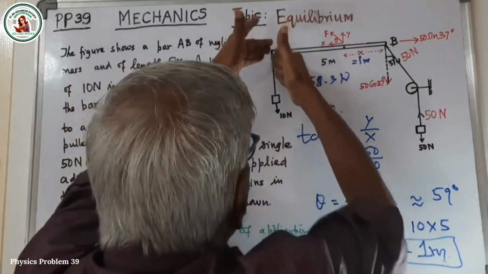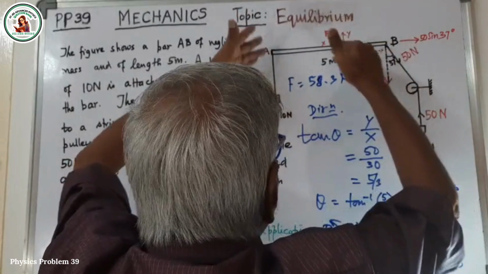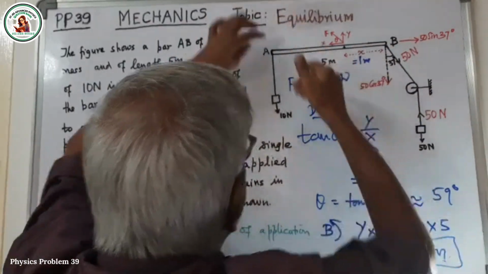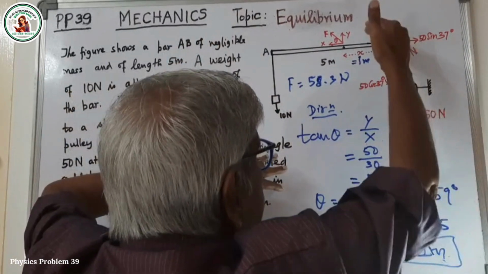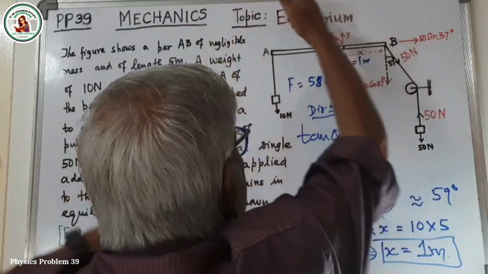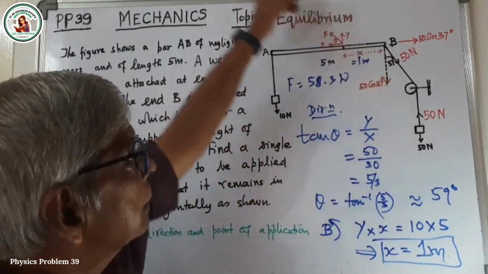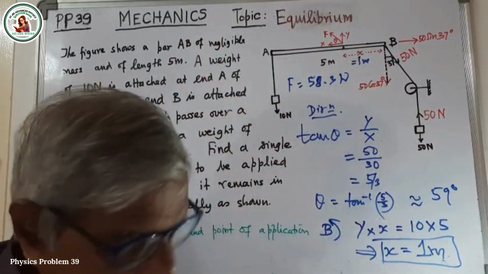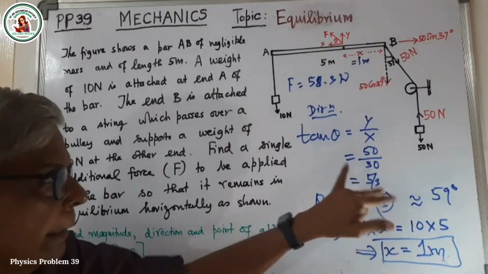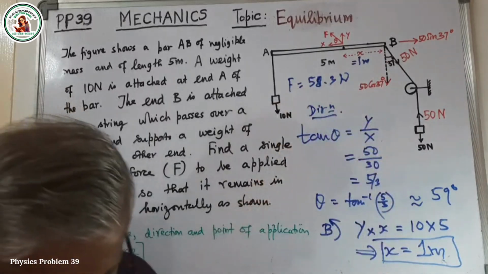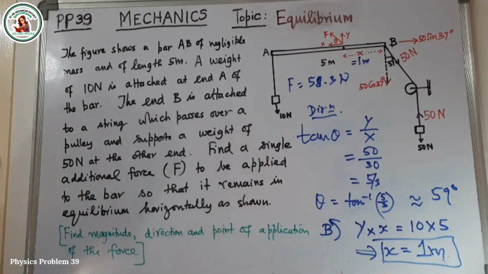One force is this 10, another is this 50, and the other force is this F. If you draw the diagram, this 10 Newton this way and 50 Newton this way will meet at a point above, and this F will coincide with that direction, meeting at the same point. I will draw that diagram after clearing this part. If you are interested, you can try the problem in that way also.